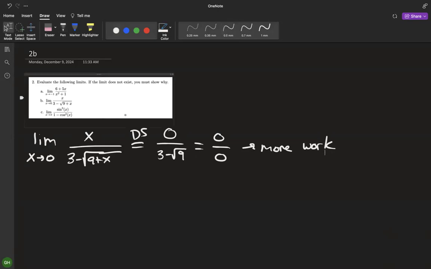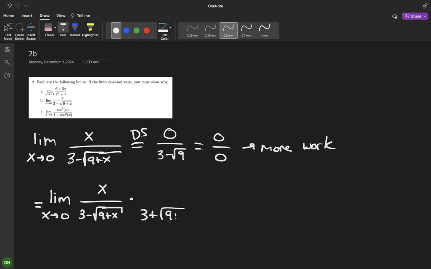Looking more carefully, either I can factor this, or I can find a common denominator, or I could use conjugation. Here, I want to use conjugation because I have a square root, and conjugation helps get rid of square roots. So I'm going to say this is equal to the limit as x goes to 0 of x over 3 minus square root of 9 plus x, times the conjugate, which is 3 plus square root of 9 plus x.